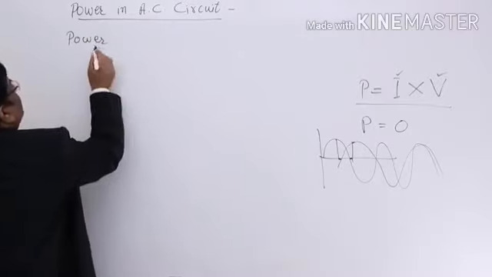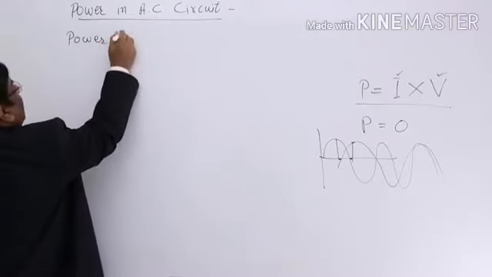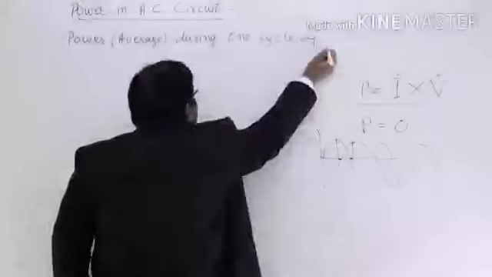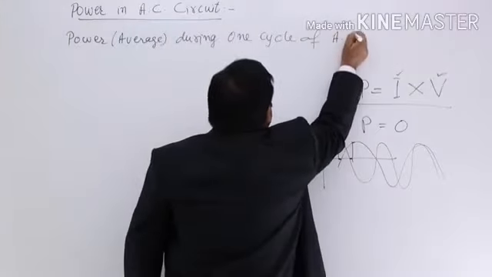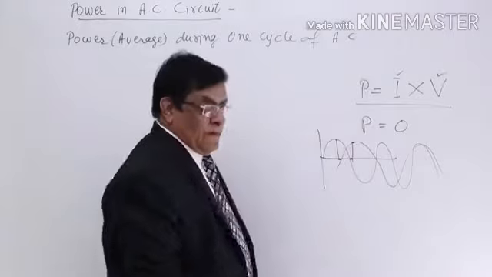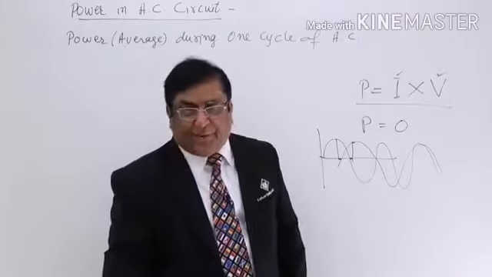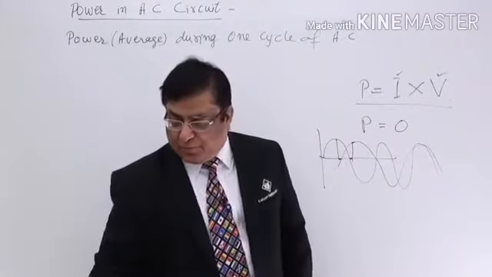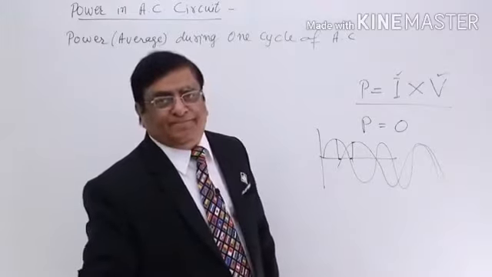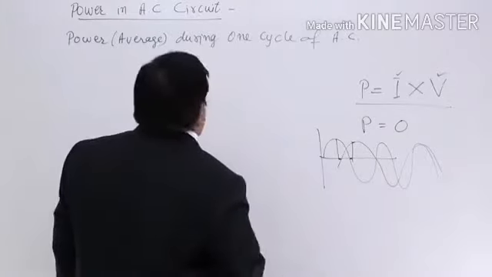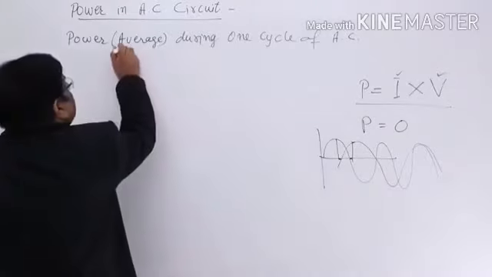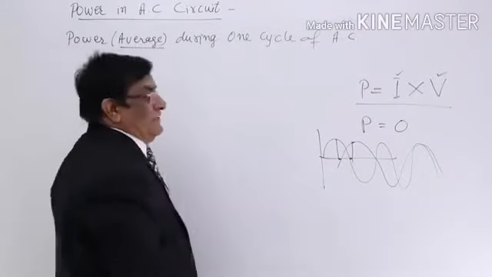We will find the average power over one cycle of alternating current. To find this average power, we should know the formula for power. Okay, average. How do we get the average of anything?